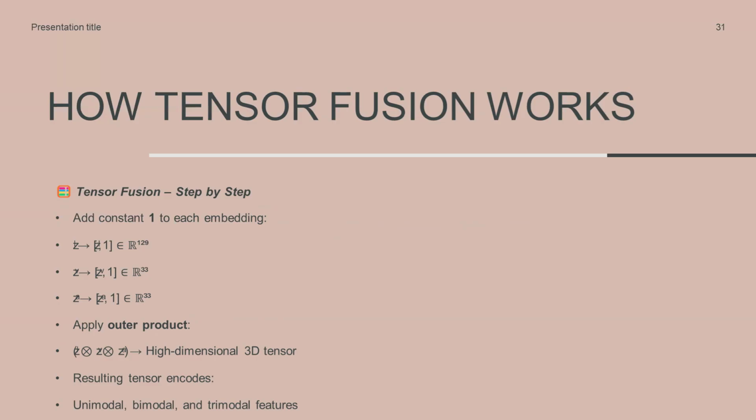Then we perform the outer product of these vectors, which results in a high-dimensional 3D tensor. The tensor encodes every possible interaction: unimodal, bimodal, and trimodal.